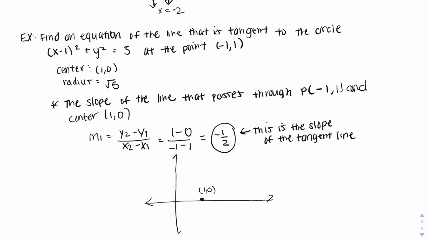Then this other point is negative 1 and 1. And then let's draw a circle. I think there's a tool to make it draw a circle. I guess it'll just look like this.